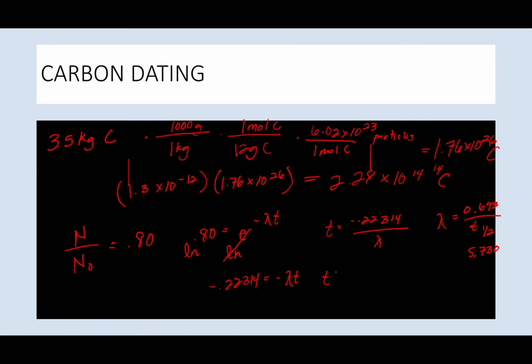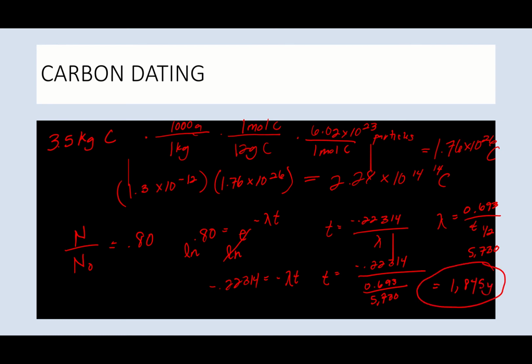So in total, if we write this all out, then we have negative 0.22314 over 0.693 over 5,730. And this will all come out to 1,845 years.